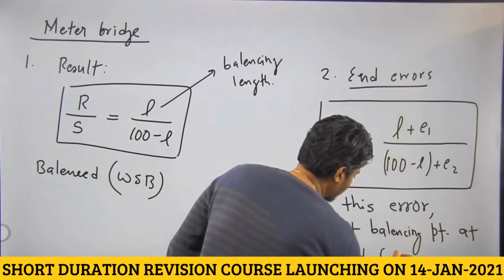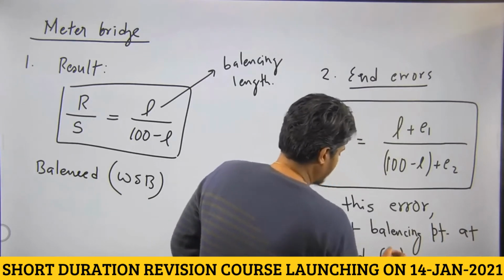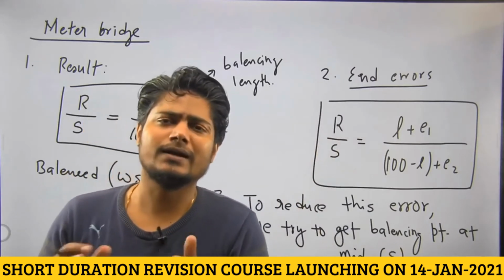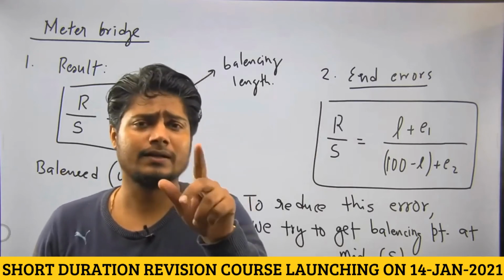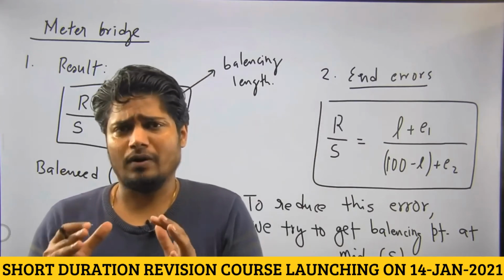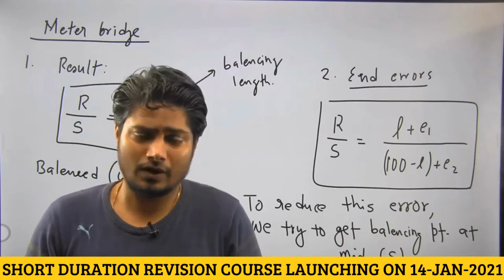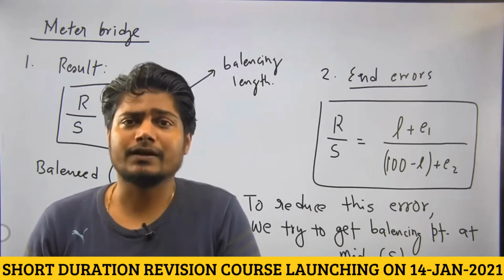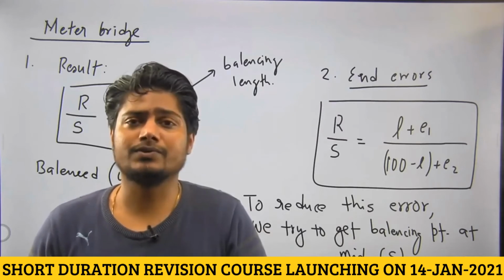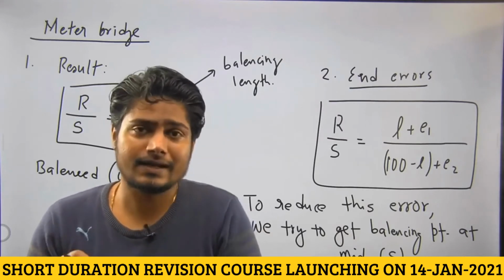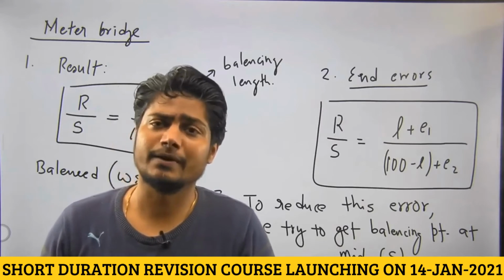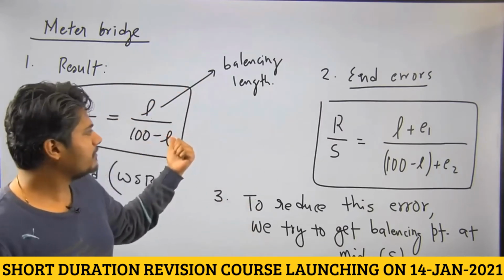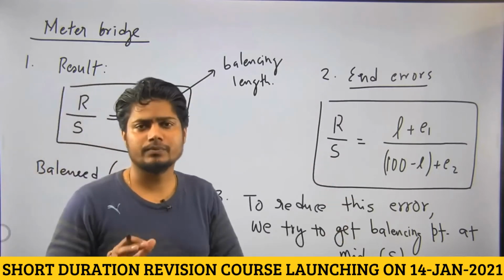By choosing appropriate S. Suppose I am getting balancing length at 1/10, then I would have an understanding that the unknown resistance might be around 1/10 of the given resistance. So, what will I do? I will put another resistance which will be 1/10 of the given resistance, and then use the same circuit to get the balancing length, and this time I will get the balancing length around in between. So, this is the standard 3 points of meter bridge. Directly remember this result and apply, and you can solve most of the problems of your exam.